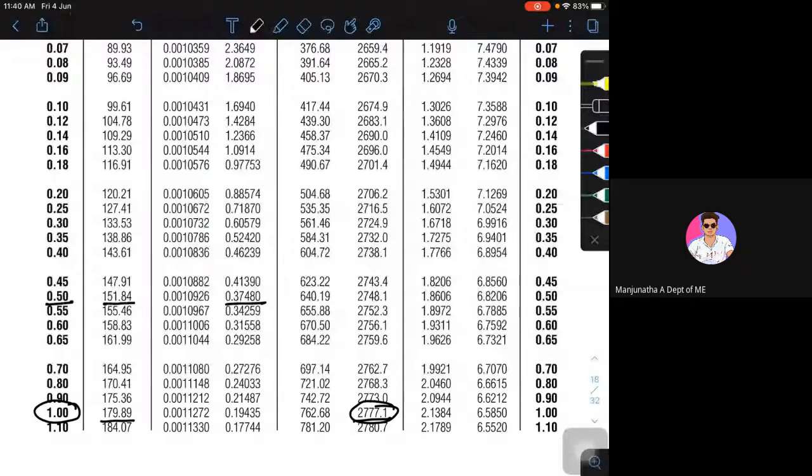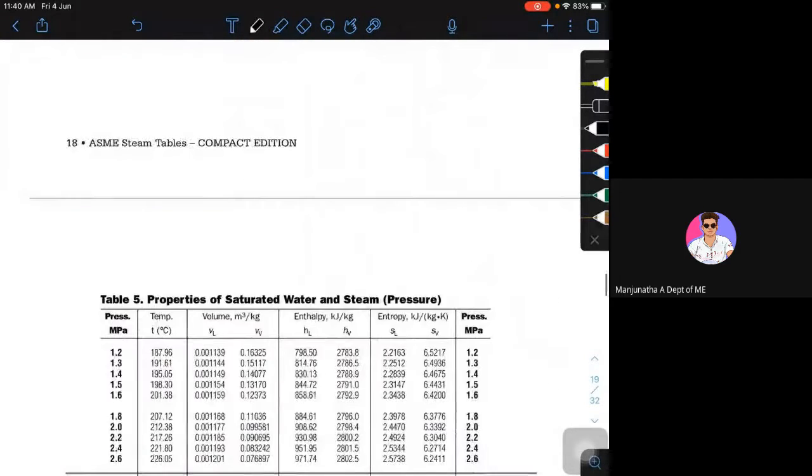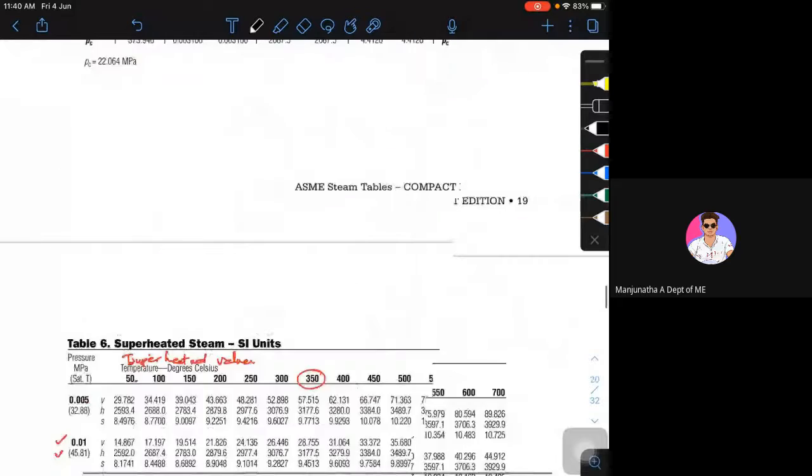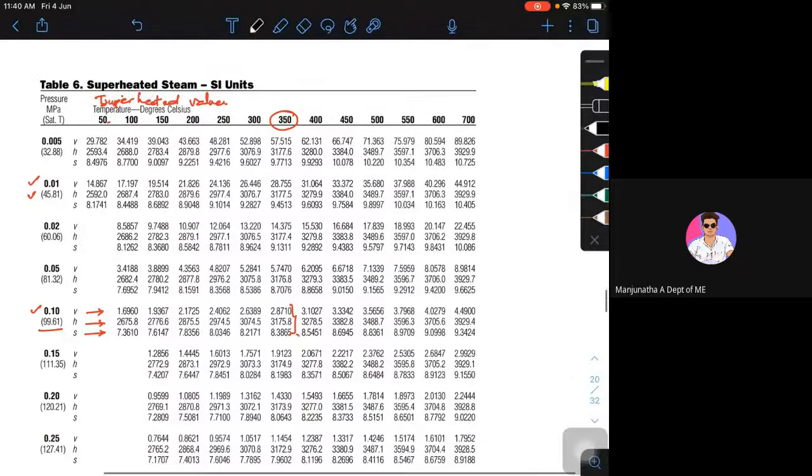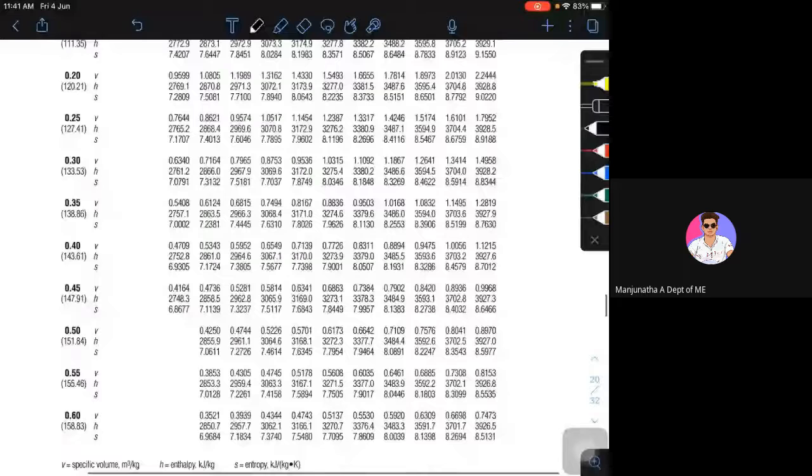I'll go to the superheated tables, because to understand this I have to go to the superheated tables. Look at this. What are the specific volumes?